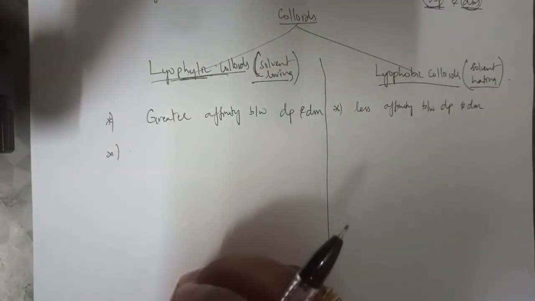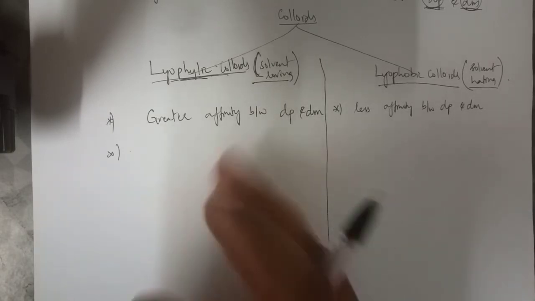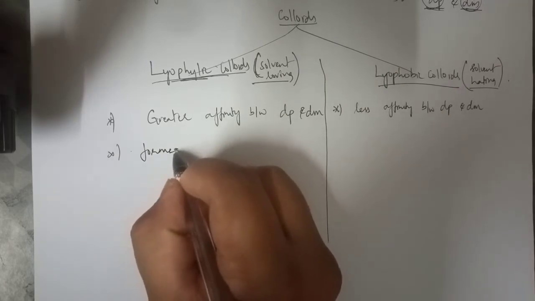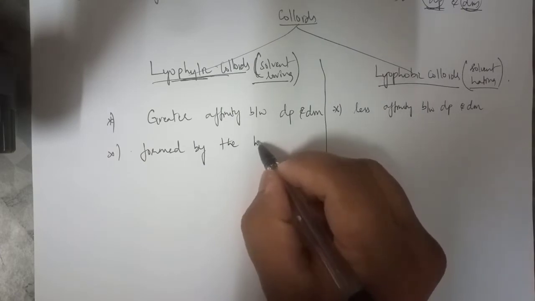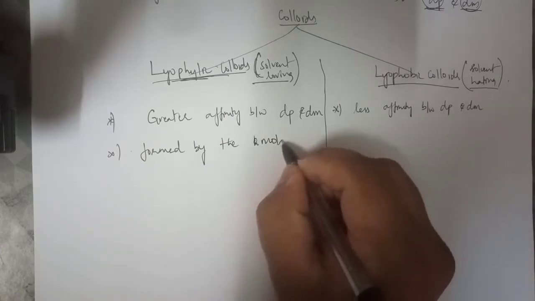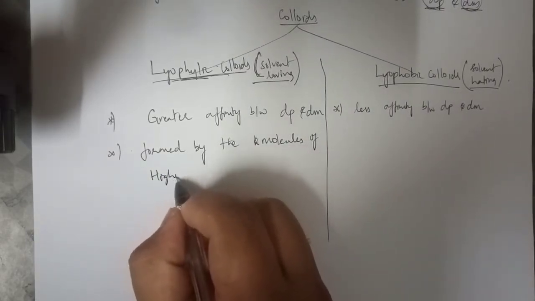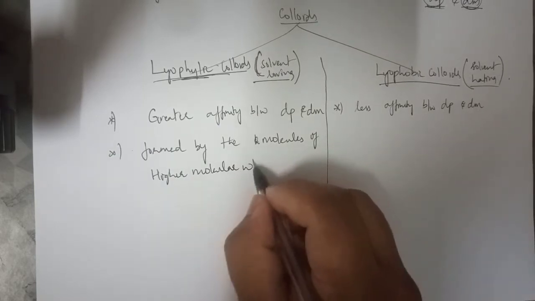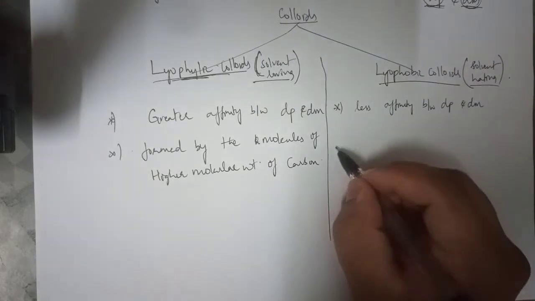Secondly, these colloids can be formed by those molecules which generally have higher molecular mass, molecules of higher molecular weights of carbon or carbon compounds generally.